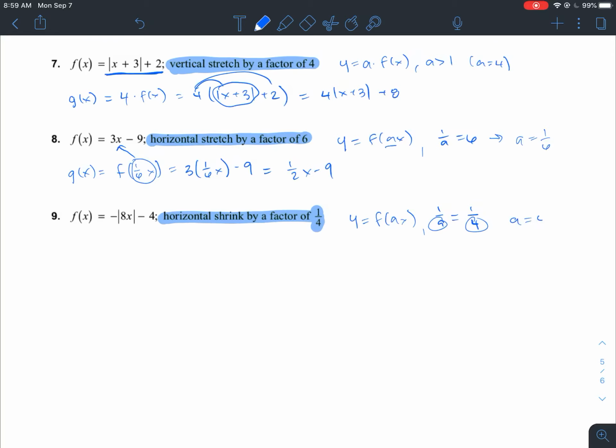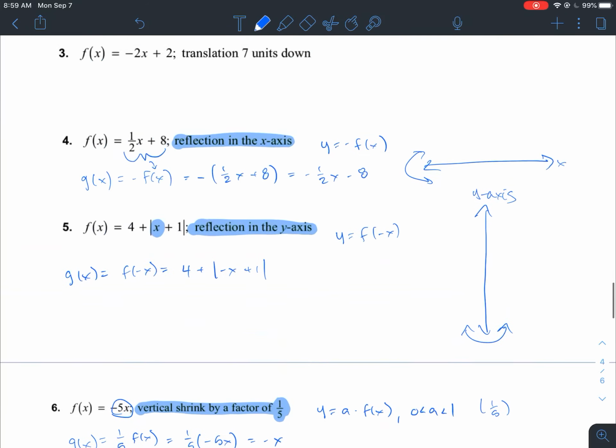So g of x is equal to f of a, which is 4x. So what we need to do is plug 4x into our x spot. So this is equal to negative absolute value of 8 times 4x minus 4. And that's equal to negative absolute value of 32x minus 4.